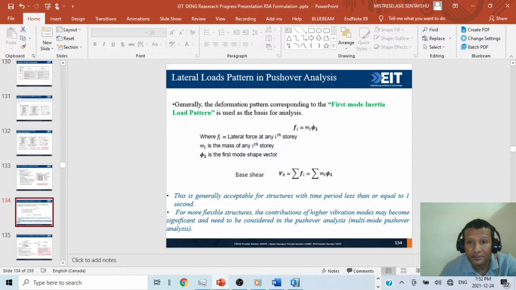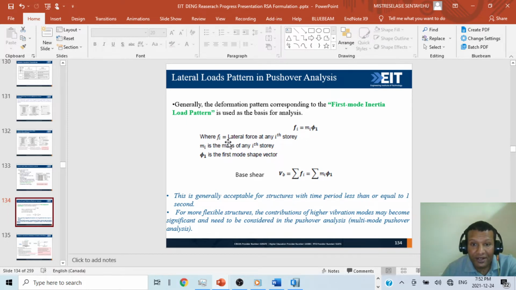Lateral load pattern in the pushover analysis, we saw it already. Generally, the deformation pattern corresponds to the first mode inertial load pattern, which is used as the basis of analysis. As you know, we have mass times mode shape, phi times mi, for that level.